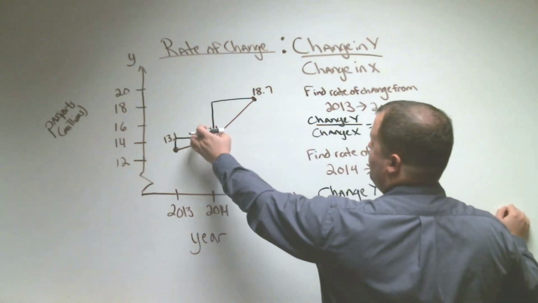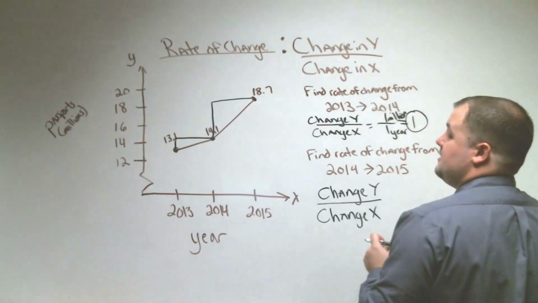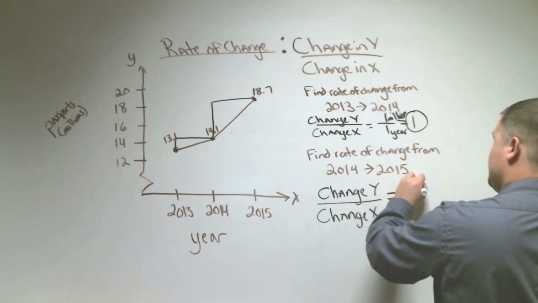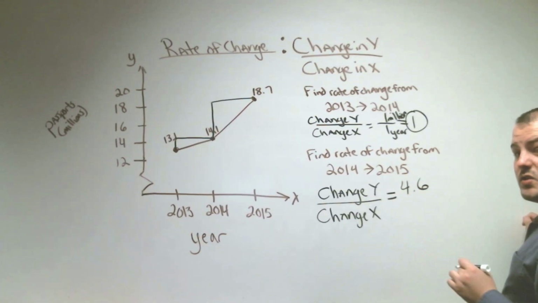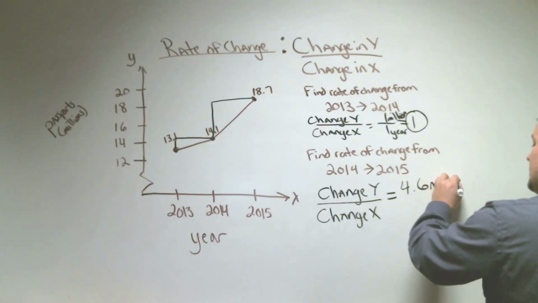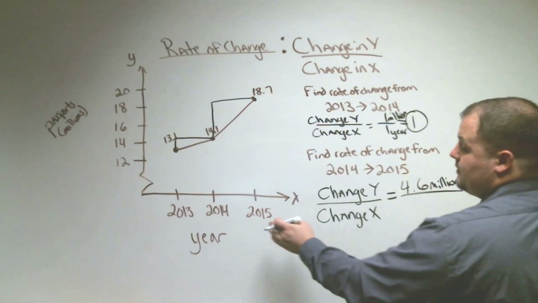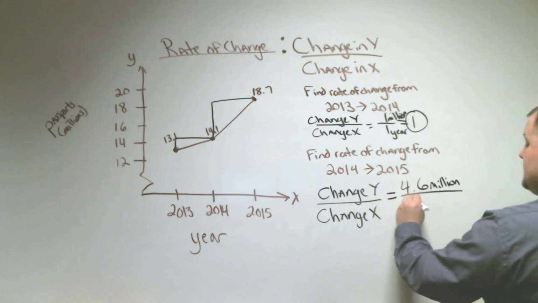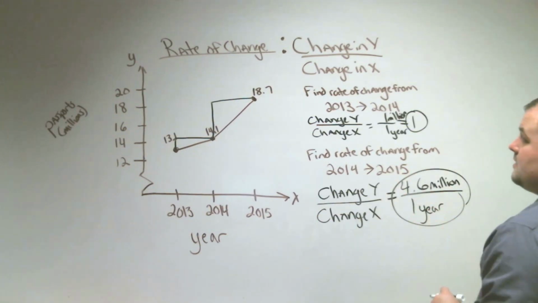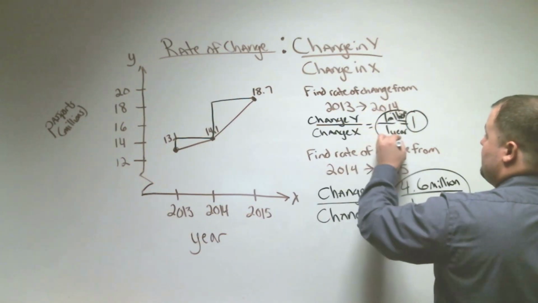So looking at this, I go from 14.1 to 18.7. So our change in y is 4.6. So we grew 4.6 million passports over 2014, 2015, 1 year. And then this one, we grew 1 million.